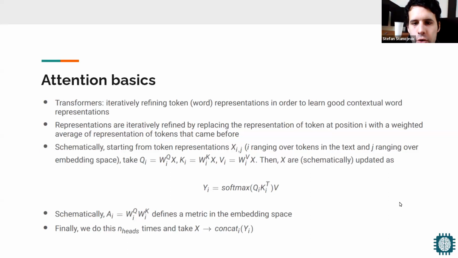I would just say one more thing here, that after we do all of this, commonly we would also apply another linear transformation to this concatenated vector, which is sometimes called WP. And the point of this is that we did a number of transformations corresponding to different heads, and they rearranged components of the original vector to something that's organized quite differently.